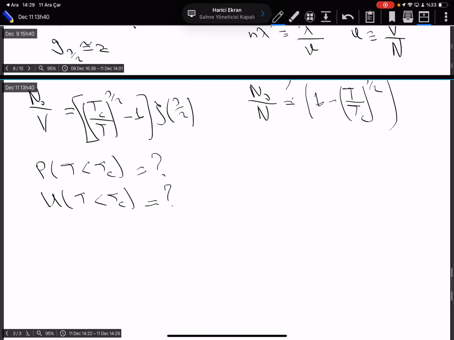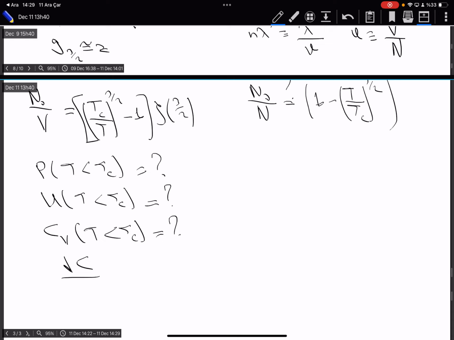And in fact, we will also look at the specific heat, the heat capacity, and what about the derivative of the heat capacity as a function of temperature? Is it continuous?